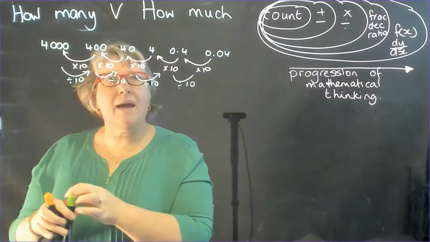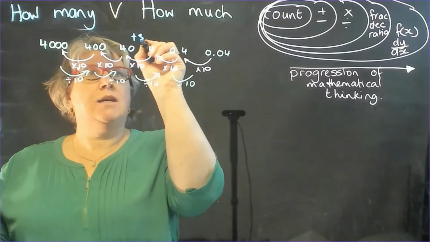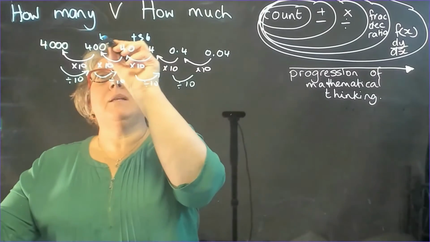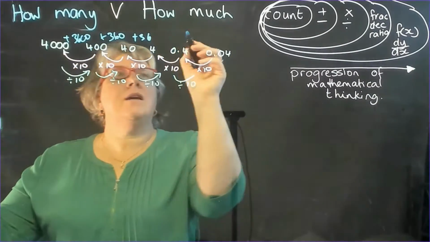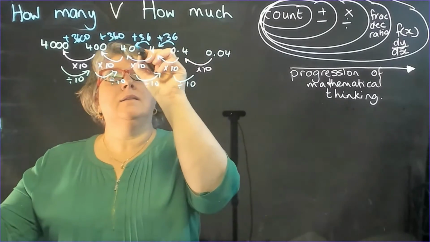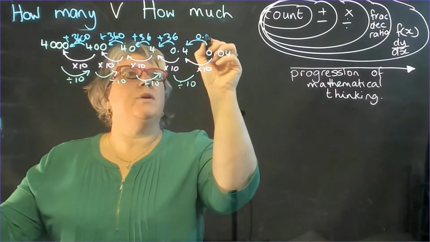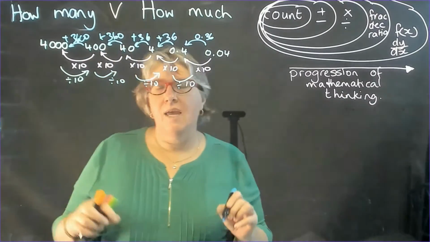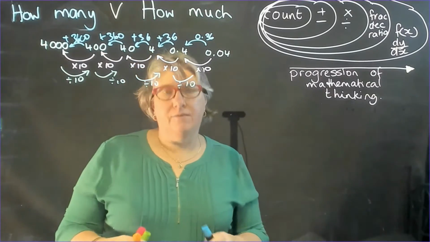It's never about adding or subtracting. It's not about saying, well, this is plus 36, this is plus 360, this is plus 3,600, this is plus 3.6, and this is plus 0.36 or 36 hundredths. The pattern is in the multiplying and dividing.